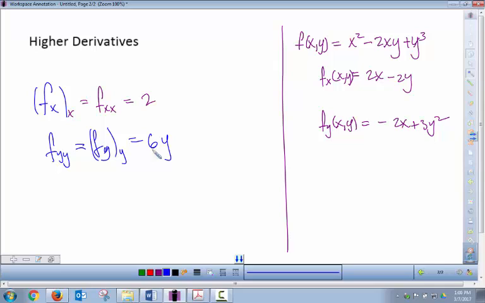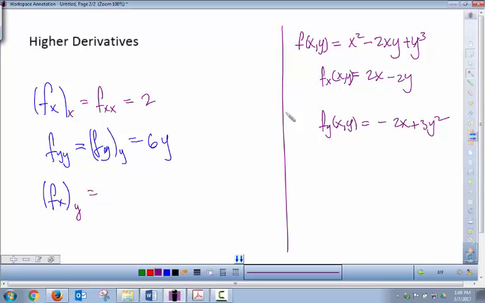So is that all the second order derivatives? Couldn't you take one with respect to y and then another with respect to x? So remember that fx is a function of x and y, and we only took the derivative with respect to x. We can potentially also take the derivative with respect to y. So if we take fx and in turn take the derivative of that with respect to y, then that's different from the other ones that we've done so far.